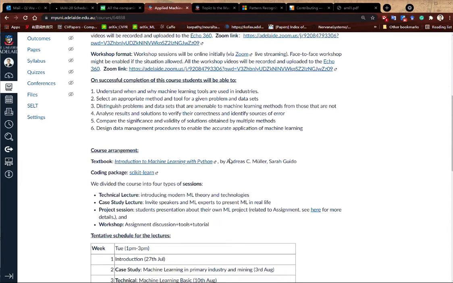So in your case, you have no experience implementing machine learning or Python. I suggest you read this book or check the package scikit-learn to try some simple algorithm like SVM. It's quite easy. We will introduce the SVM next week. It's basically a very simple linear or nonlinear classification algorithm. You have two kinds of data, and you want to separate those data into two parts, so you can use SVM.